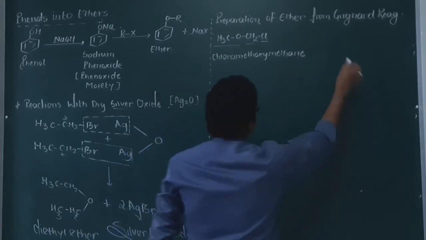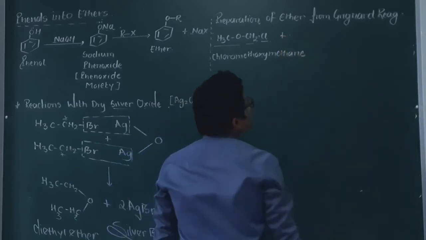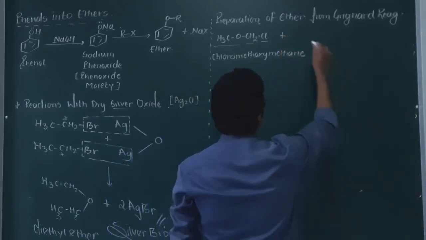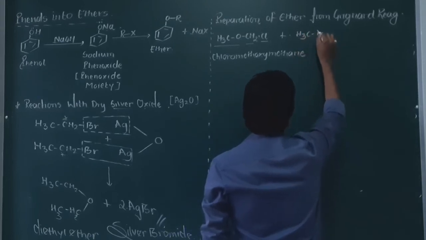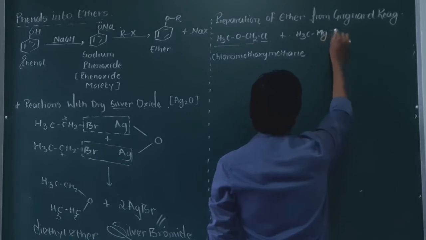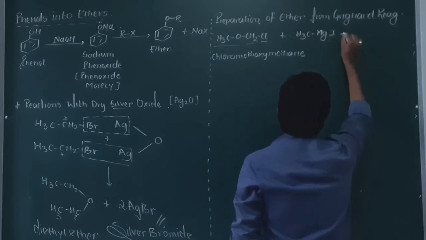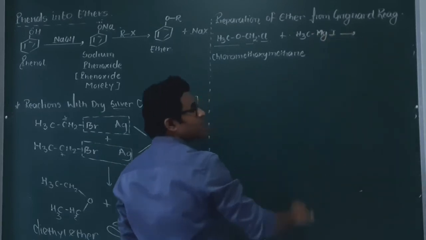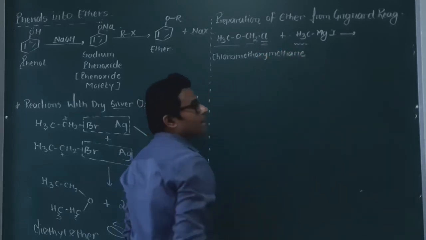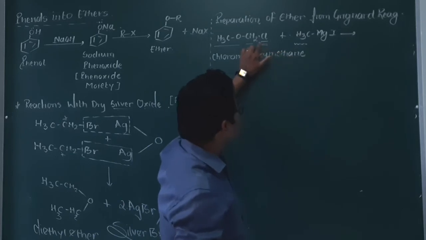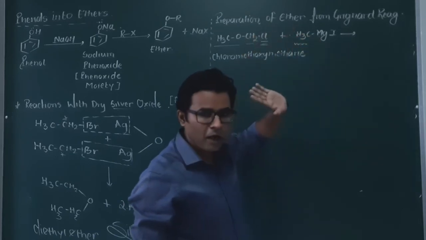When it is reacted with a Grignard reagent such as methyl magnesium iodide, the methyl group replaces chlorine. It comes over here and takes the chlorine out.